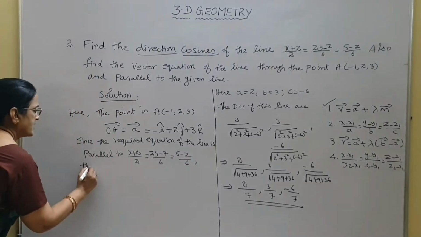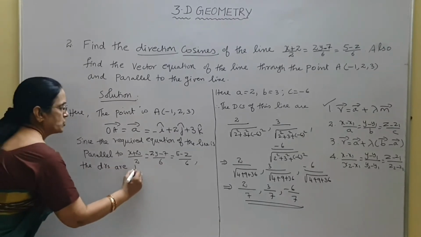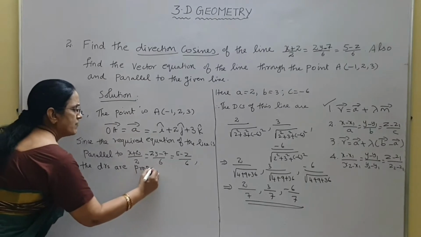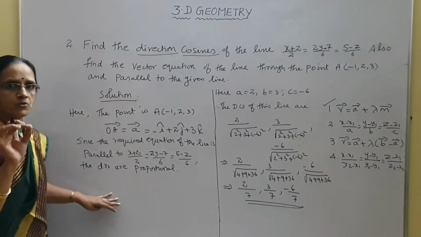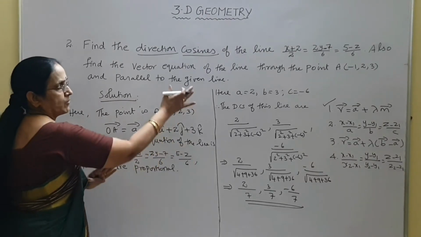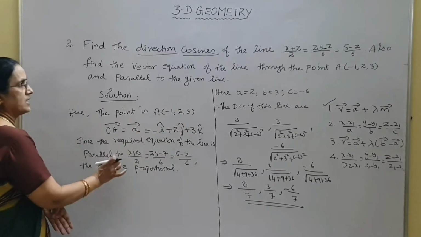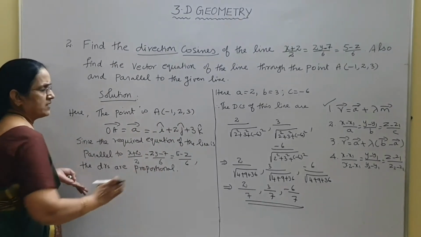The direction ratios, the DRs are proportional. This point is very, very important. You have to write it. You have to write in your paper. The required equation of the line is parallel to the given line.